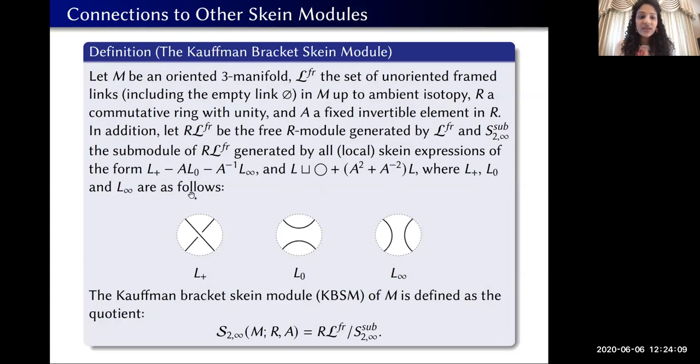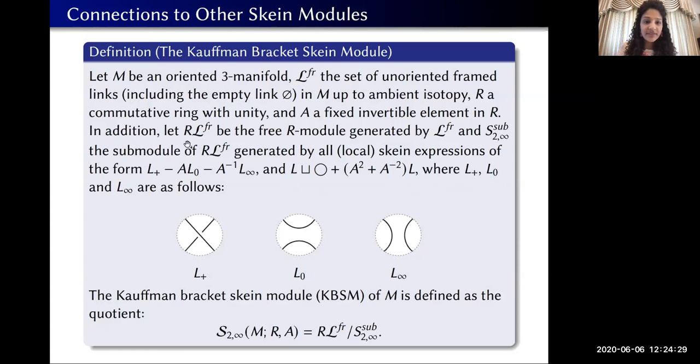And L plus, L naught, and L infinity are 3 diagrams which are exactly the same everywhere except in the neighborhood of this crossing where they differ as shown. Okay, so when you mod out by the Kauffman bracket expressions, you obtain the Kauffman bracket Skein module.